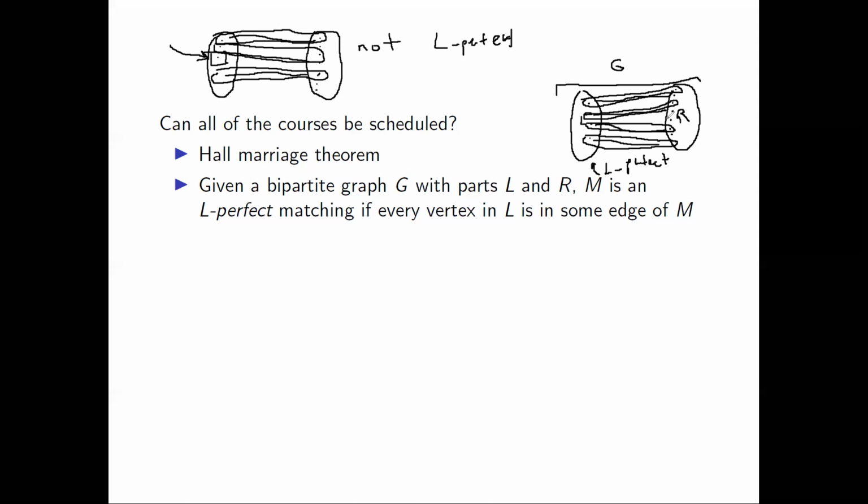I might put some extra edges in there too that are not in the matching. Okay. So we have a non-L perfect matching up there, and we have an L perfect on the right.